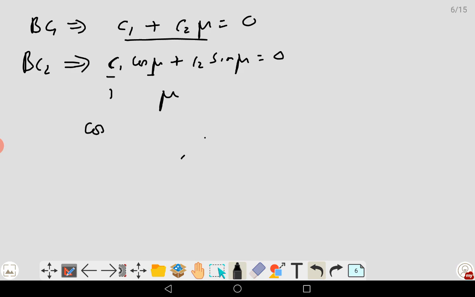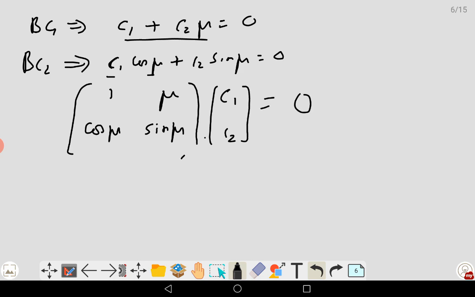In the second, the coefficients of c1 and c2 are cosine mu and sin mu, and this matrix multiplied by c1 and c2 is equal to the zero column matrix. A non-trivial solution exists if this determinant is 0.